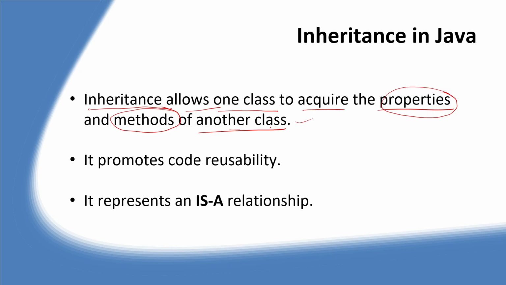I will take you through one example so we'll have better clarity. So let's say we have one class, Shape. And here we have, let's say, some properties and methods.